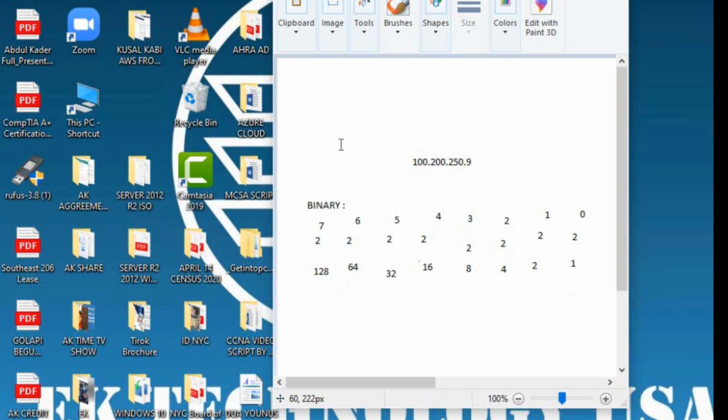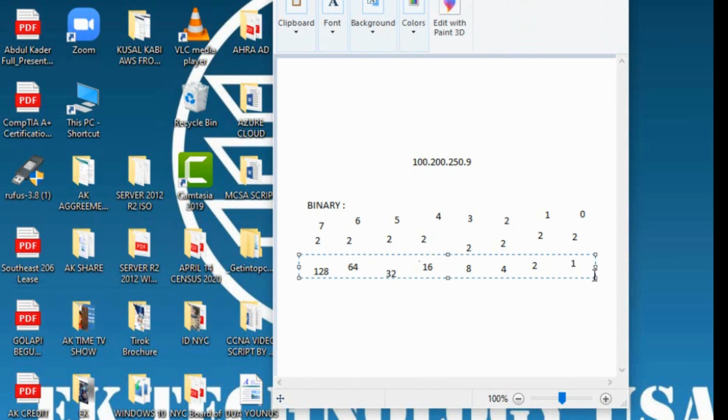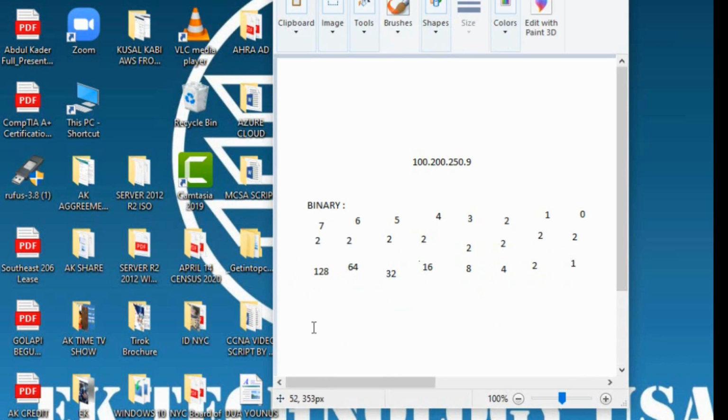This is the main formula that we always follow, and please memorize it, from 128 all the way down to 1. That's how you calculate the CIDR value, class A, class B, class C, and the subnet mask that comes with the classes. I'll explain more in depth, but first of all you have to know the formula.